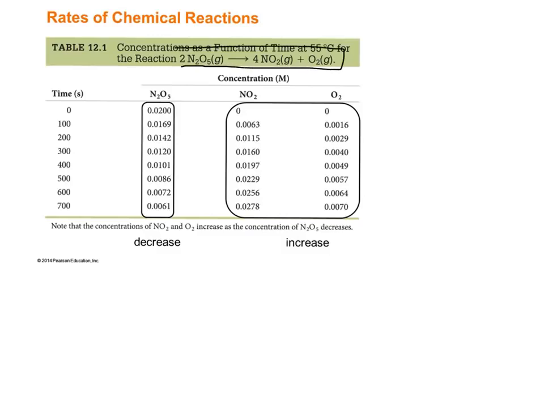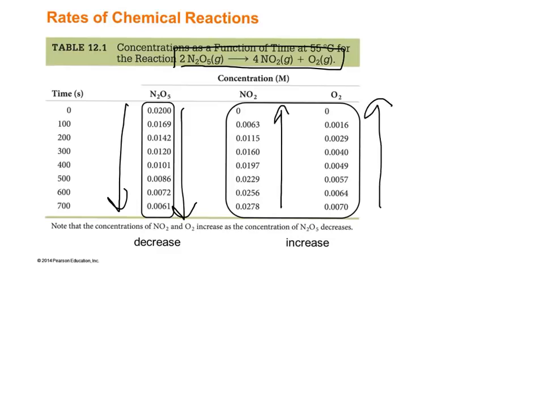chemical reaction right here. As the chemical reaction progresses, the amount of reactant we have, dinitrogen pentoxide, decreases. The amount of product we have, nitrogen dioxide and oxygen, increases.